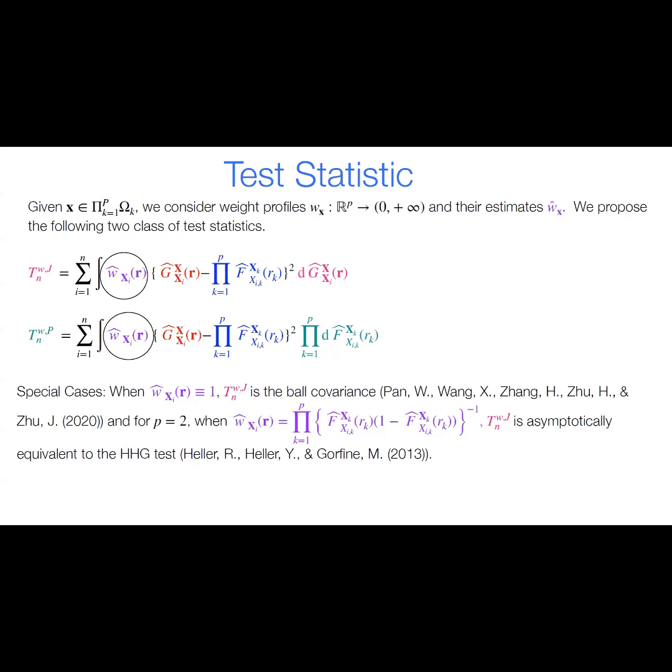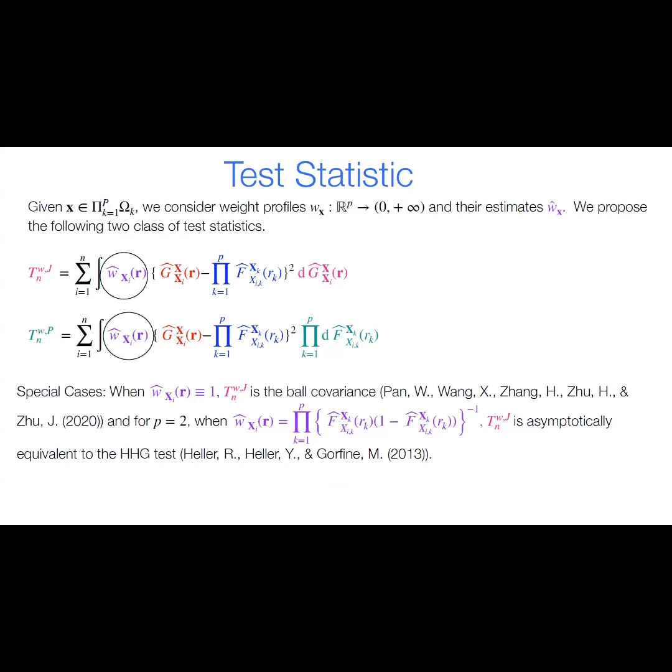So there are two versions of the test statistic. One is when one can actually look at the weighted difference between the joint and the marginal profiles, and integrate them across all possible radii, but according to the joint law. But one could also do that using the product law.